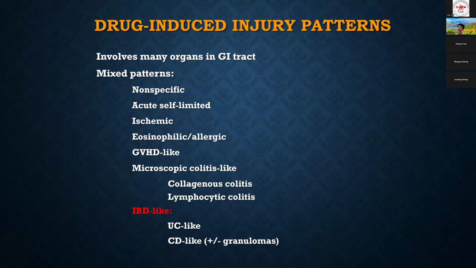One is in the teenagers, and the second peak is in mid-age. So in mid-age, if the patient never had IBD and suddenly has celiac disease plus collagenous colitis plus IBD, you have to think about drug, right? So drugs usually involve a lot of organs and give a mixed pattern.